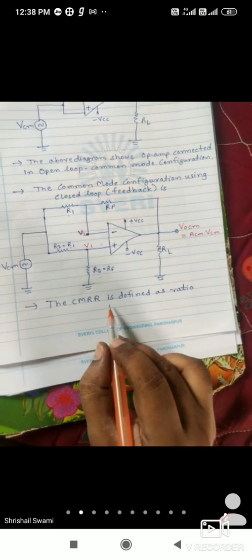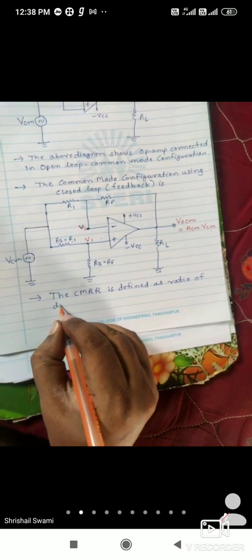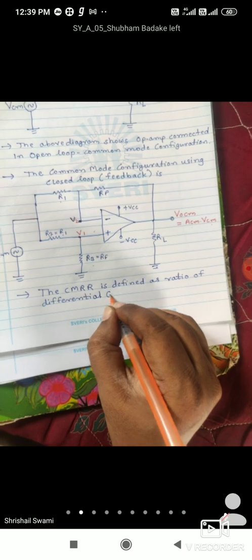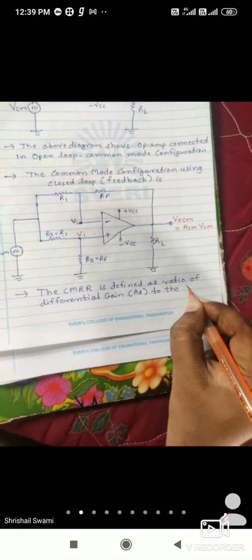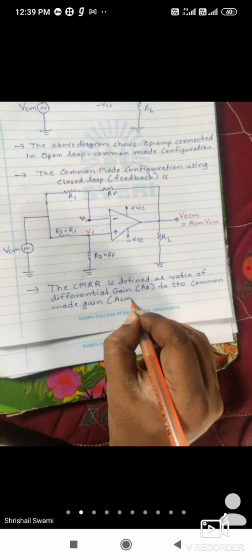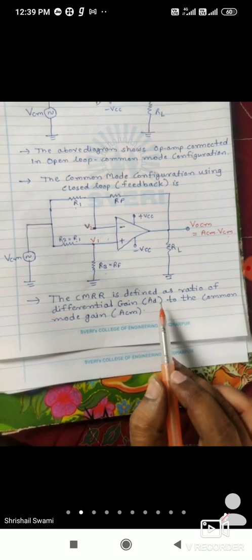Now the common mode rejection ratio, CMRR, is defined as the ratio of differential gain AD to the common mode gain ACM. We have already learned this definition in chapter number 1.